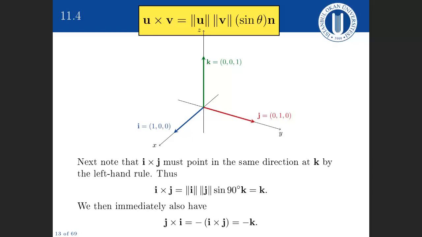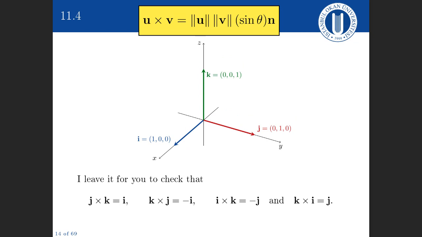Then straight away we can say that j cross i is minus i cross j, or minus k. For the other 4, I'm going to leave it for you to check.